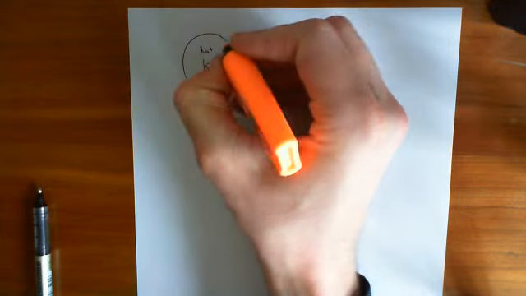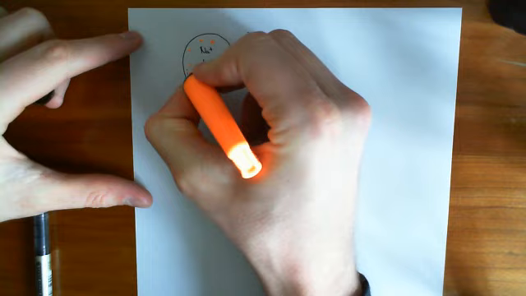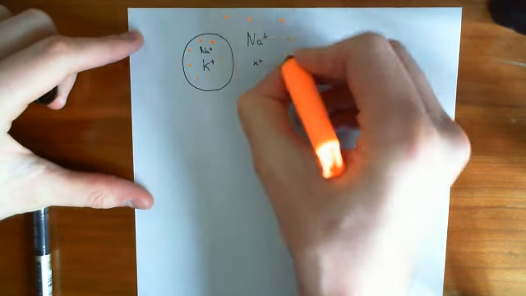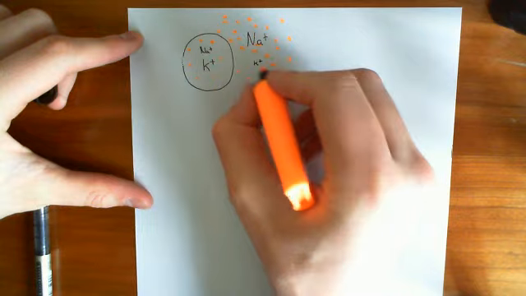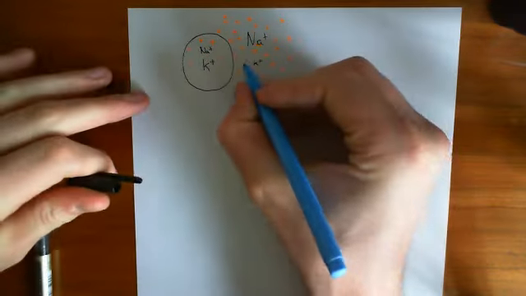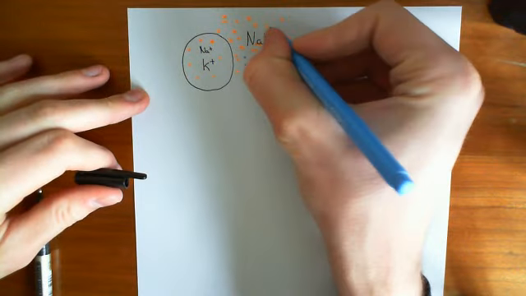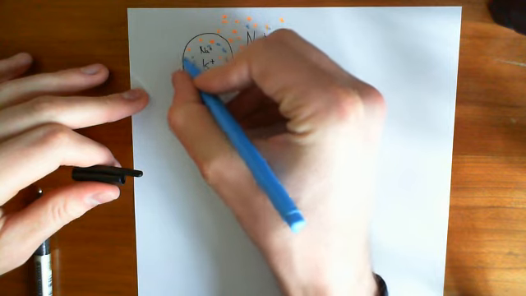Basically, if I draw sodium ions in orange and potassium ions in blue, then it looks like this. You have a few little sodium ions, then a lot of sodium outside, so a very high concentration of sodium in the extracellular fluid. And if we add in potassium now, you have low concentration of potassium outside and a very high concentration of potassium inside the cell.